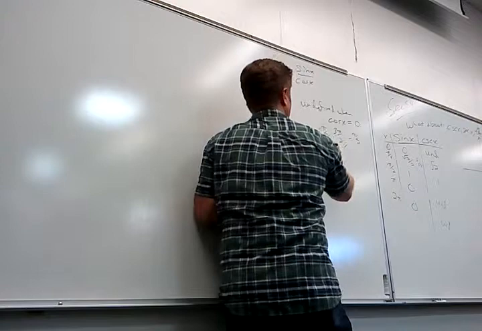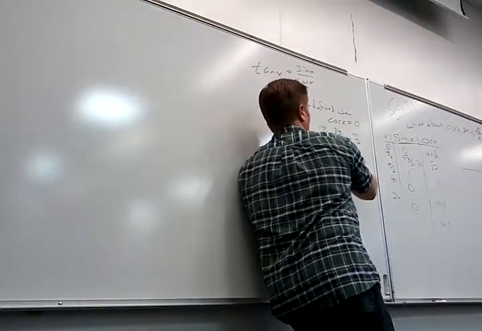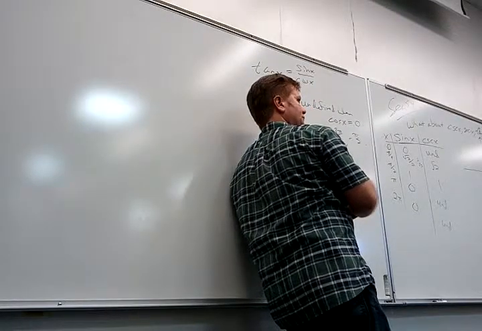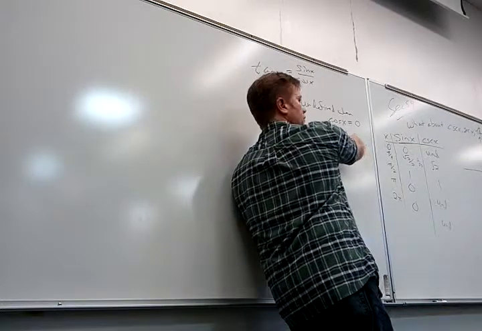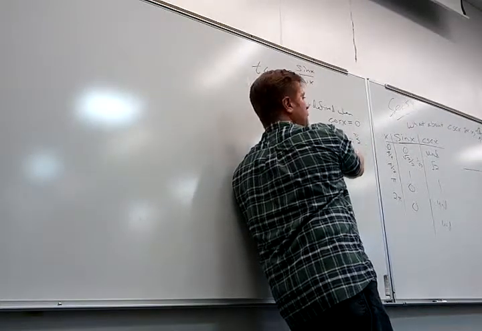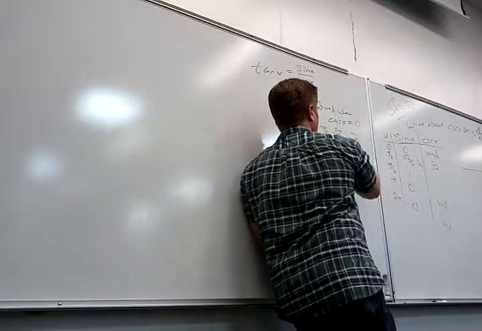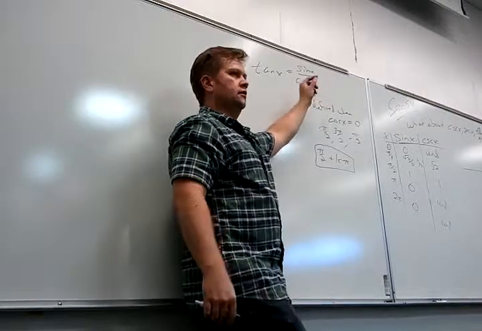It's pi over 2 plus some multiple of pi. So what's pi over 2 plus pi? 3 pi over 2. What's pi over 2 minus pi? Negative pi over 2. So this would actually capture all the places where tangent is going to be undefined.